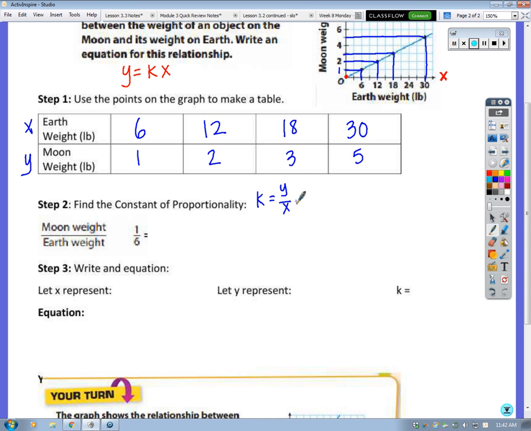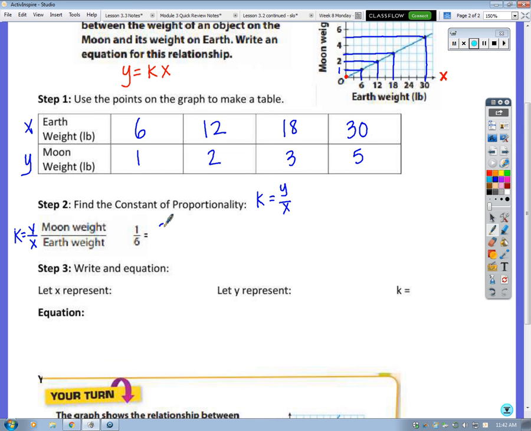So we've got the moon weight, and it's already written here, where k equals y over x. So moon weight is y, Earth weight is x, and we know that 1 pound on the moon will be 6 pounds on Earth. And we're going to check and make sure this relationship is proportional just by plugging these in.